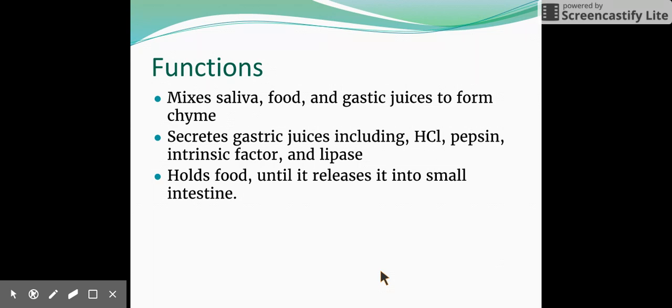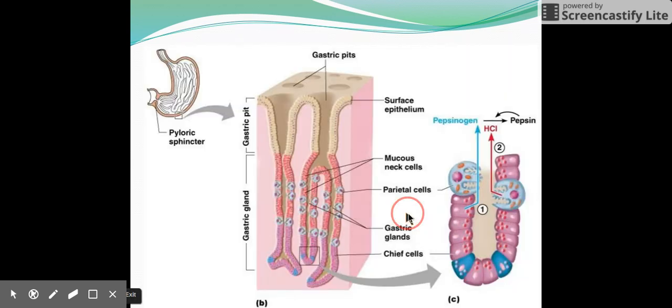It becomes this substance called chyme. The gastric juices that it secretes are hydrochloric acid, pepsin, something called intrinsic factor, and lipase. And of course, it holds on to the food until it is ready to be released into the small intestine.